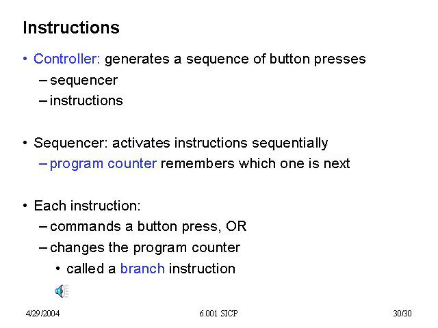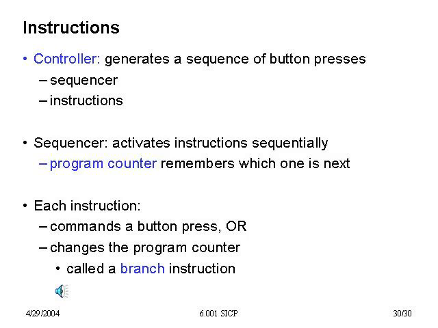The instructions generally will just command a button press, that is, cause information to flow through some portion of the machine and into a new register, or in some cases, it will cause the program counter to change. We call these branch instructions, and we're going to see that we'll have several kinds of branches. These will generally involve either changing the program counter directly or setting up a test that puts a bit into the condition register that lets the program counter change. But those are the flavors of our instructions. They generate a sequence of button presses causing information to flow through the data paths of the register machine.